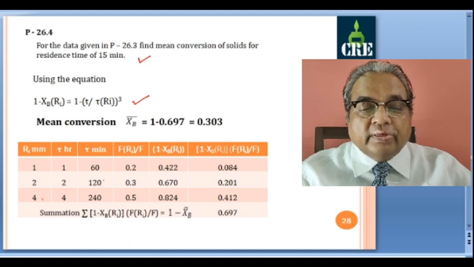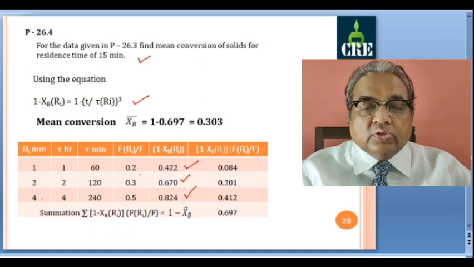Similarly, t is 15 and tau is replaced with 120 minutes for the 2 mm particle, and I get 0.67. For the third size, 4 mm, t is 15 minutes and tau is 240. Substituting and calculating, the XB values for the three sizes R1, R2, R3 are 0.422, 0.67 and 0.824. I know the fraction FRi by F.